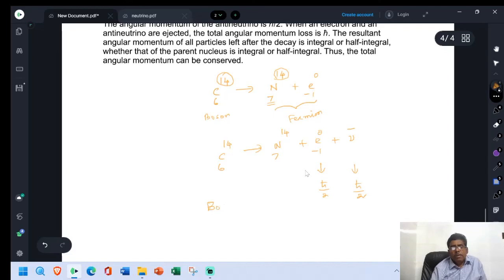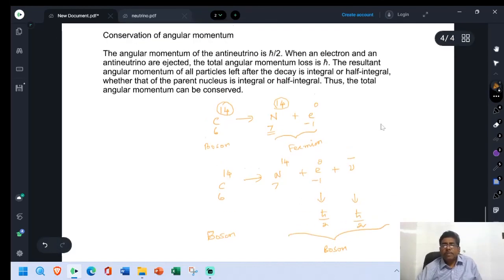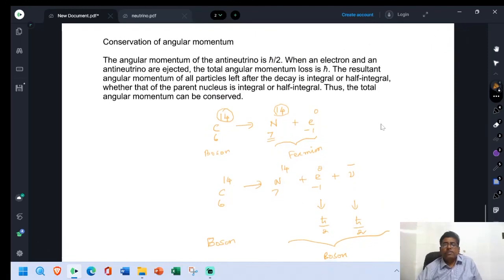The left hand side is a boson. Now the summation of all this provides a boson. Now the angular momentum is also conserved. In this way, Pauli successfully explained the conservation of energy, linear momentum and angular momentum with the introduction of the concept neutrino.